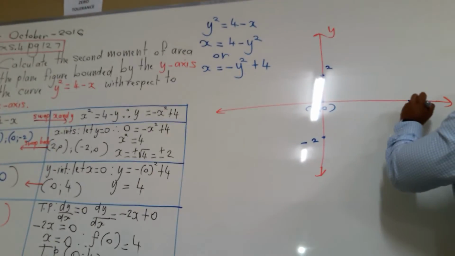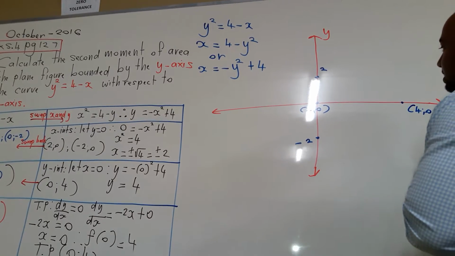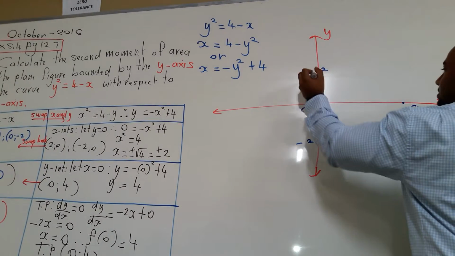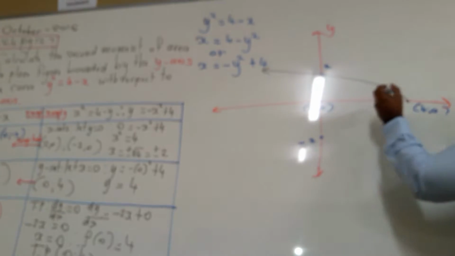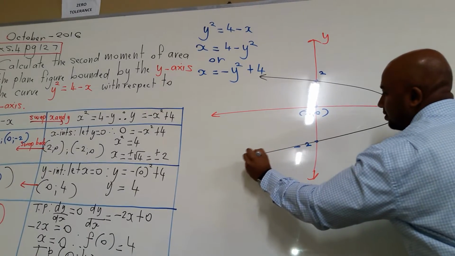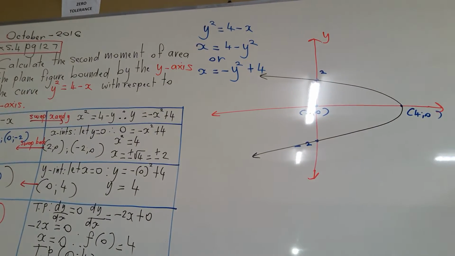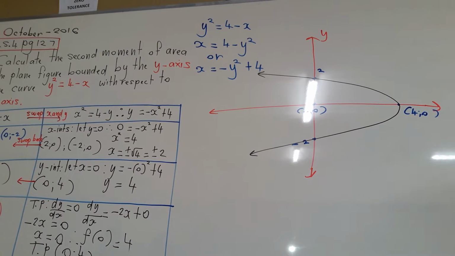Let's go for 4 here, 0 there. Let's sketch the graph. You can see, right, so that is our parabola, the one that we required.